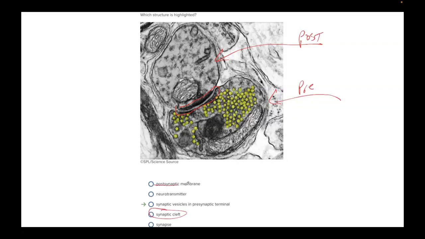Okay? Postsynaptic membrane, that's this one, on this side. Synapse, that's this. Neurotransmitters, synaptic vesicles in the presynaptic terminal. That's your best answer.